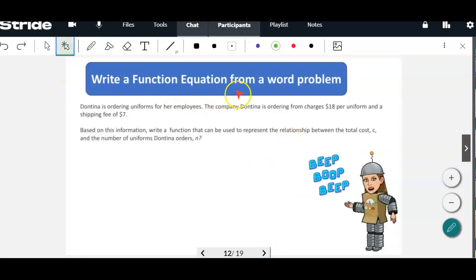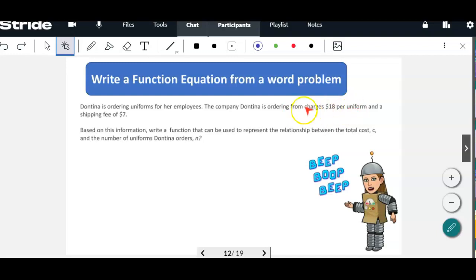Write a function equation from a word problem. So we actually did this in Unit 2. So now we're just using this word function. So hopefully you remember how to do this. It says Dontina is ordering uniforms for her employees. The company she is ordering from charges $18 per uniform and a shipping fee of $7.